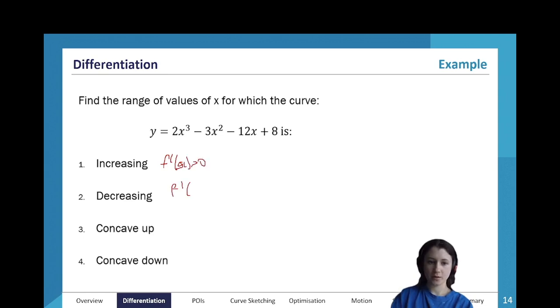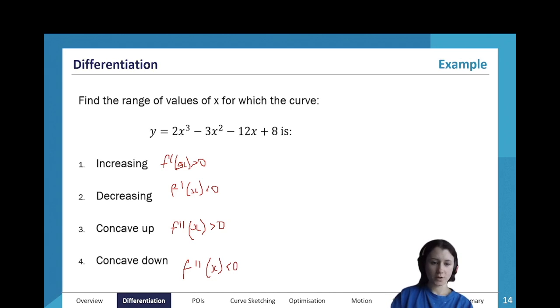Decreasing is when the gradient is negative. Concave up is when the second derivative is positive. Concave down is when the second derivative is negative.